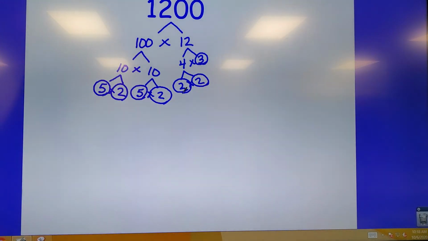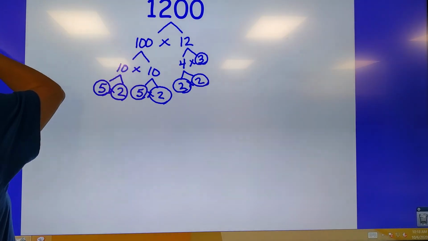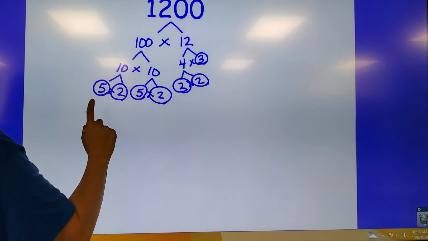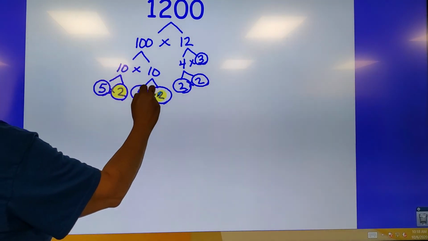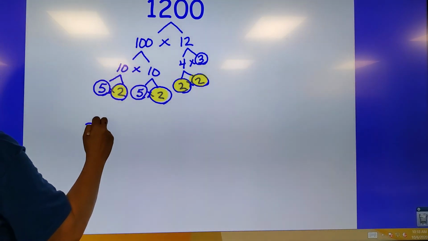So really, even though 1,200 is a big number, our tree is not that bad. Be very, very careful when you are writing these numbers out that you don't miss anything. So I'm going to focus on my 2's first. I have 1, 2, 3, 4 2's.